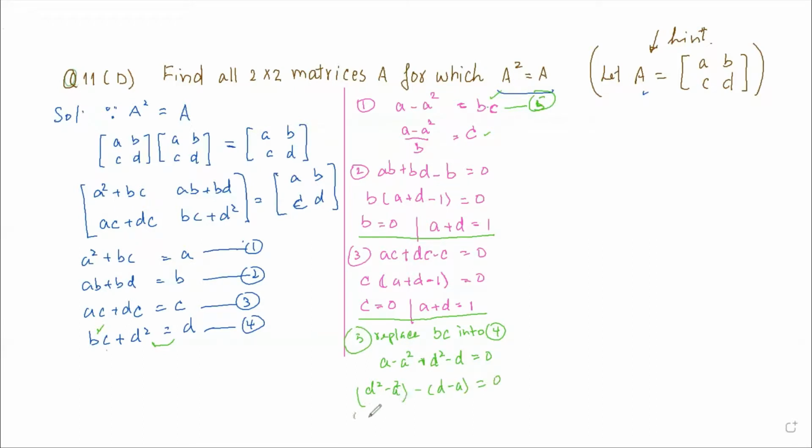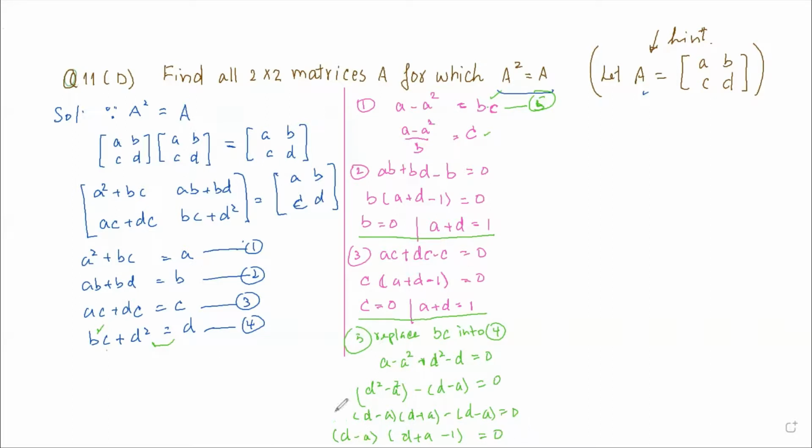So this one, I factor it, becomes D minus A times D plus A, and minus D minus A. So I got a common factor. The common factor is D minus A, take it out. We are left with D plus A minus 1 equal to 0.